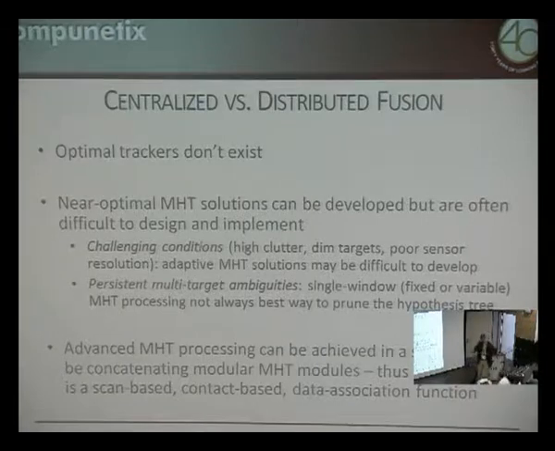If I run centralized MHT, that is a very particular way in which I will generate and maintain and prune tracks. It's not always the best way to generate, maintain, and prune tracks. There are cases in which doing multi-stage MHT leads to a much smarter way of managing your processing resources. So let me just step through some examples of this.